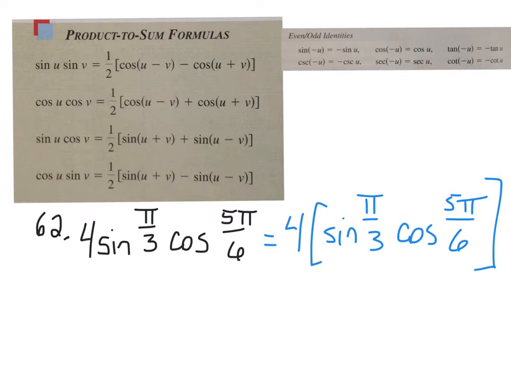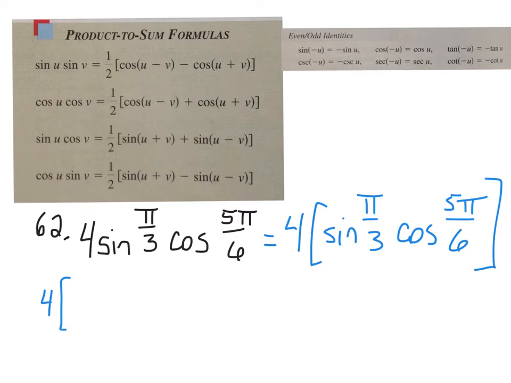So, I'm just rewriting that so that you know that this 4 is separate from this part. And so, we have sine, sine, cosine, cosine, sine, cosine. So then we're looking at this third formula, and I'm just going to plug that in. So I'm going to carry the 4 with me so I don't forget about it.